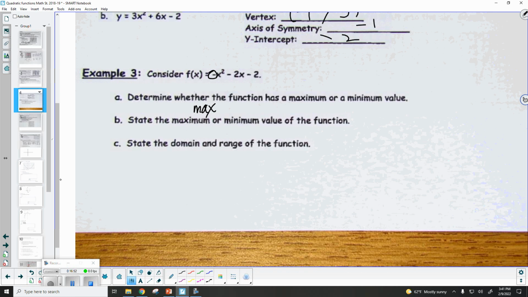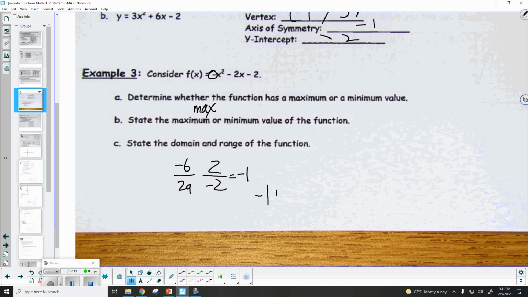So A is negative, so it's a maximum. B is negative, so it's positive on top, 2 times negative 1.